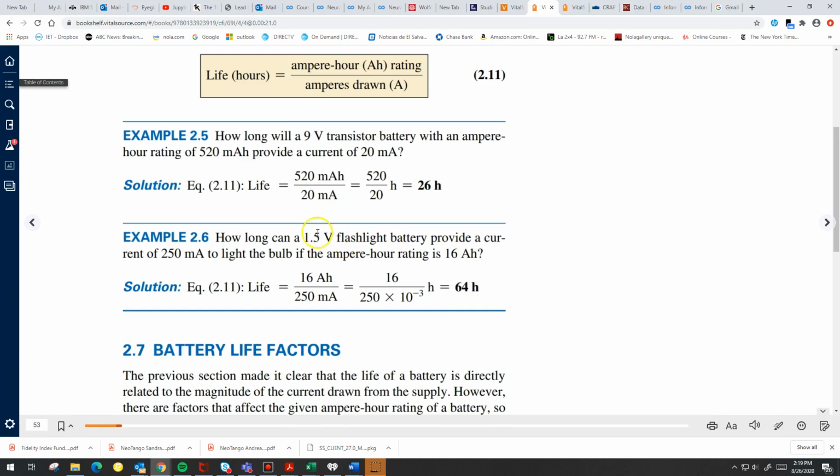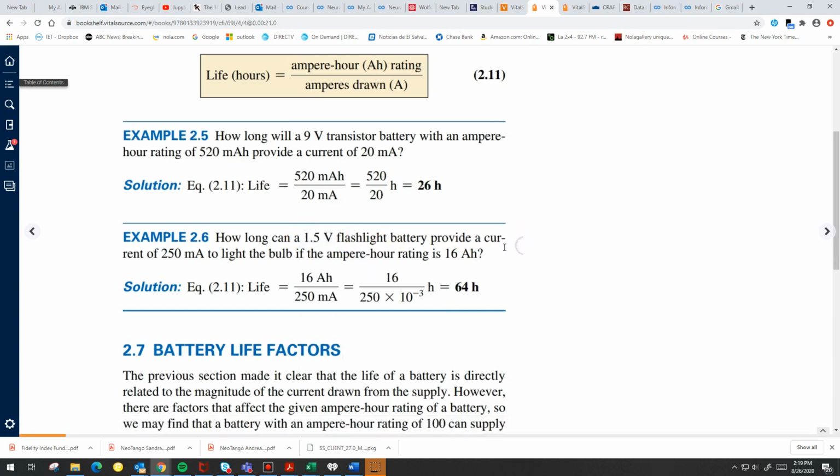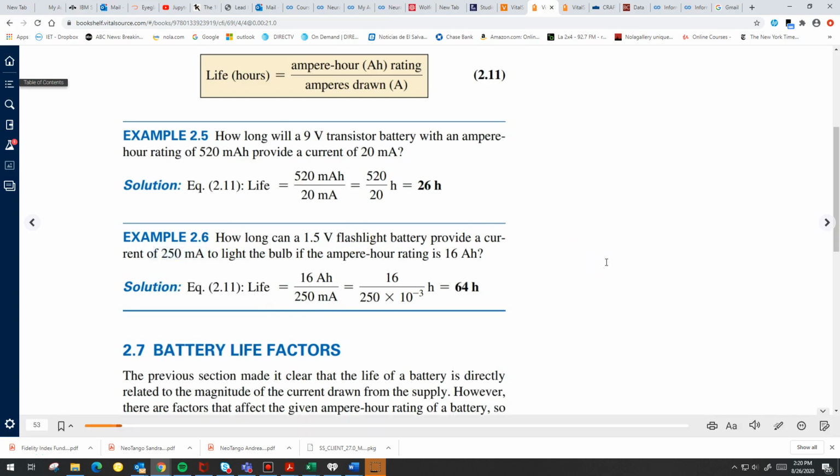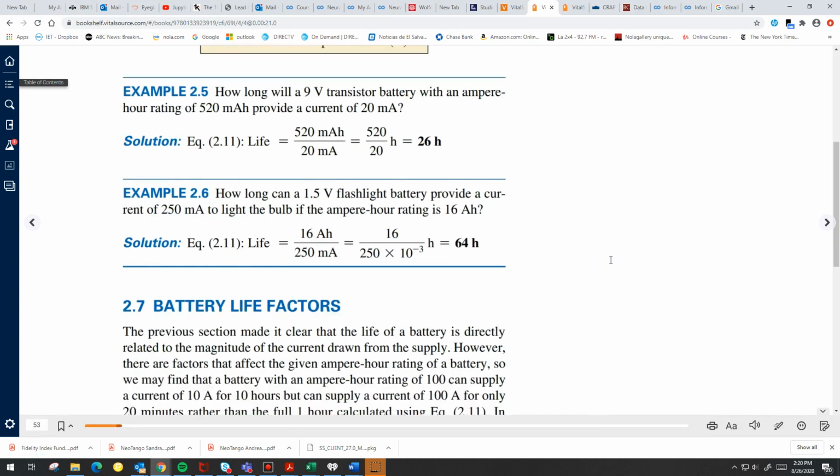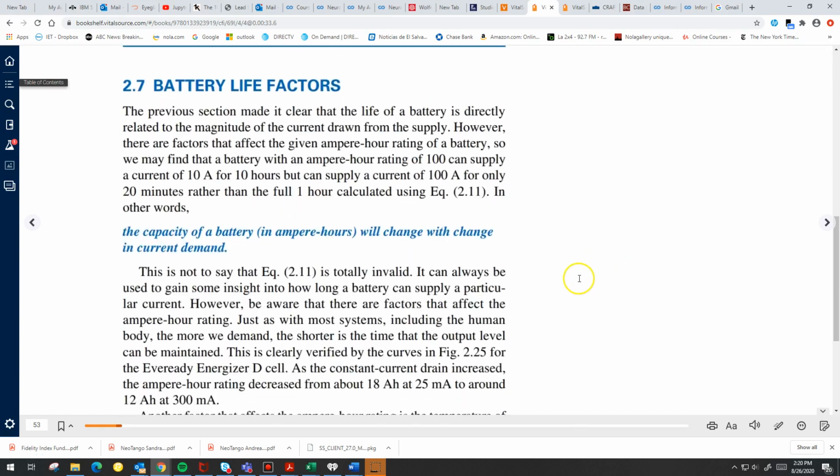So in this case, for this particular battery, the way it's rated, 16 amp hours, it can give you 64 hours of current. So how much? This much current. Okay. All right. Section 2.7.